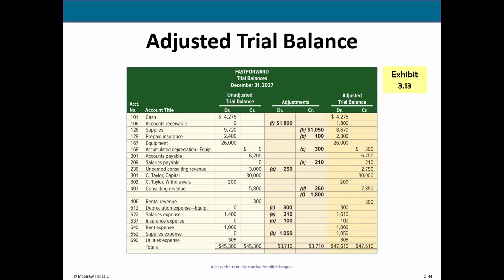The next part is we identify their balances. Of course, I get the unadjusted balances based off of the balance sheet before we make the adjusting entries, and the same with our income statement. Now, at the end of the year, we make all of our adjusting entries for those 4 reasons we talked about: accrued or deferred revenue, accrued or deferred expenses.